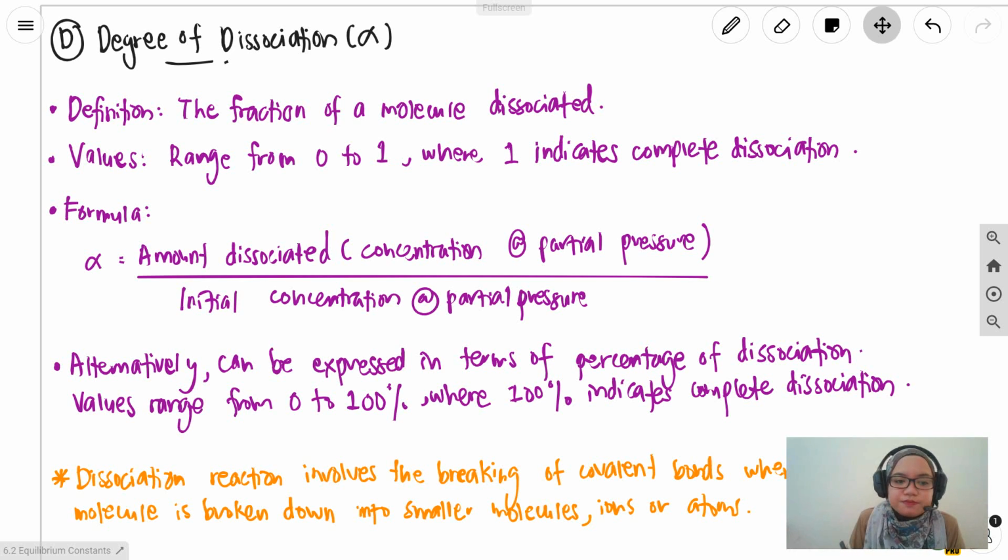Okay, so the values for degree of dissociation alpha will range from 0 to 1, where 1 indicates complete dissociation.